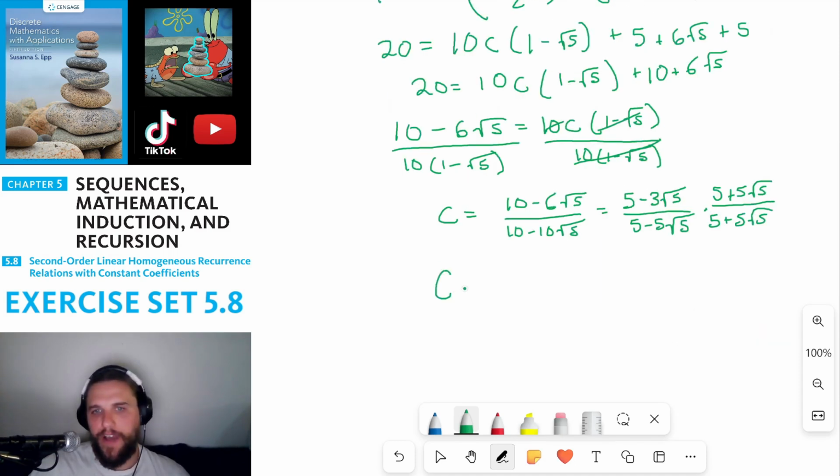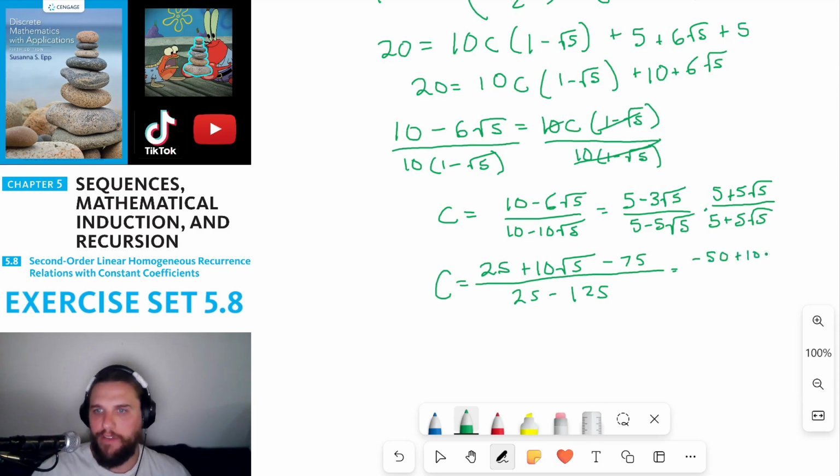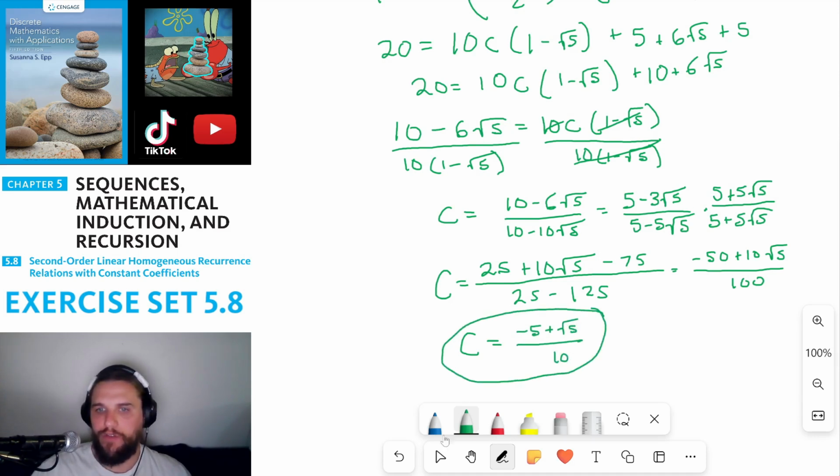And this simplifies to C equals plus 10 root 5 minus 15 times 5, which is 75, all over 25 minus 125. So that simplifies to minus 50 plus 10 root 5 over 100. So C equals negative 5 plus root 5 over 10. And that's our solution for C.